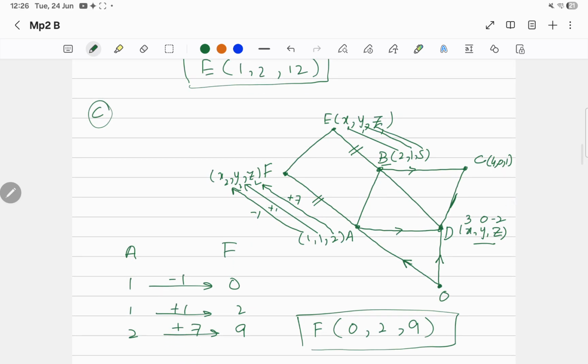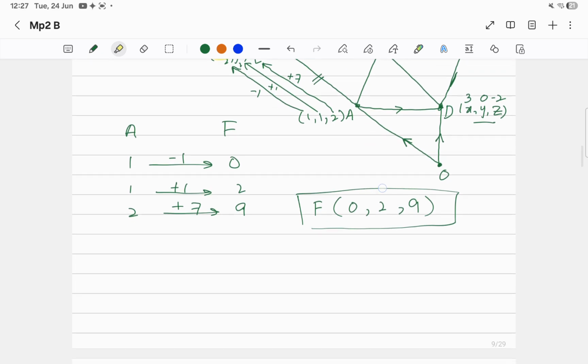So we have to show that this point B is the midpoint of F and C. Now we have the coordinates of F and we already have the coordinates of C. If we apply the midpoint formula on F and C, and it is the same as the coordinates of B, that means B is the midpoint. So let's apply the midpoint formula on FC.